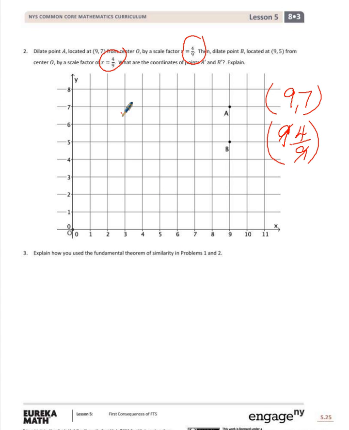And our second one, we're going to say 7 times 4/9. Can't cross cancel, so we multiply across. 7 times 4 is 28 over 9. And we can reduce that. 9 goes into 28 3 times, and 1/9 left. So our first ordered pair is 4, 3 1/9. So approximately there, and let's go ahead and draw that line.